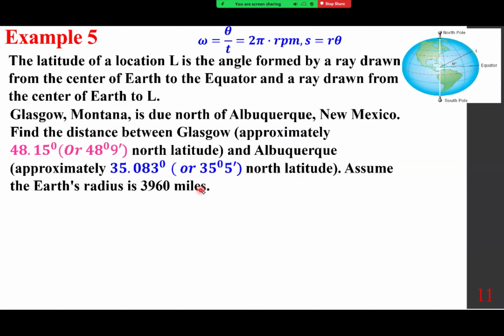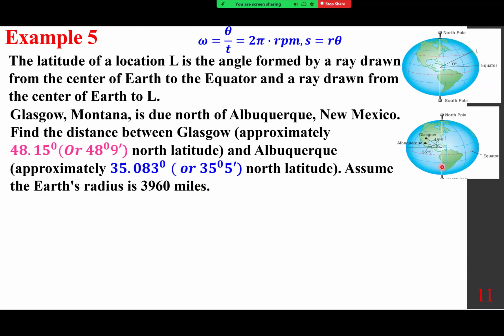Please understand, whenever you're solving word problems, you need to write the given. By the way, this is what they're referring to. That helps understand the problem better.